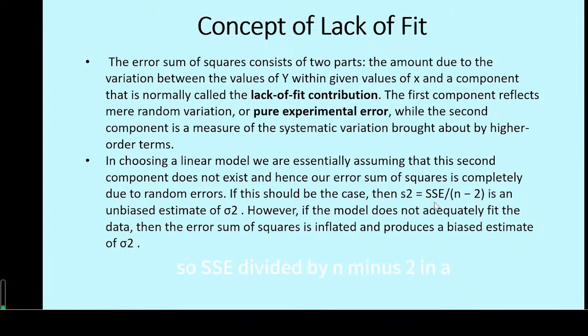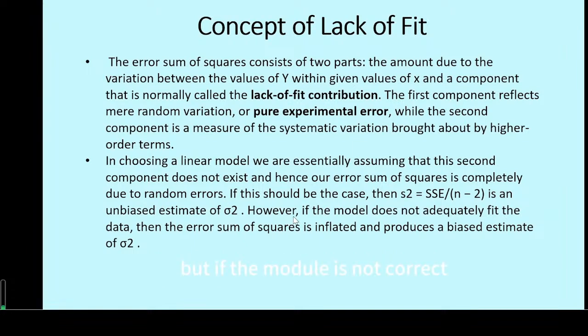So SSE divided by n minus 2 in a correct model is the same as S square. S square is a pure random error term, so these two will be equal. And SSE divided by n minus 2 will be an unbiased estimate of sigma square, which is the model's error term.